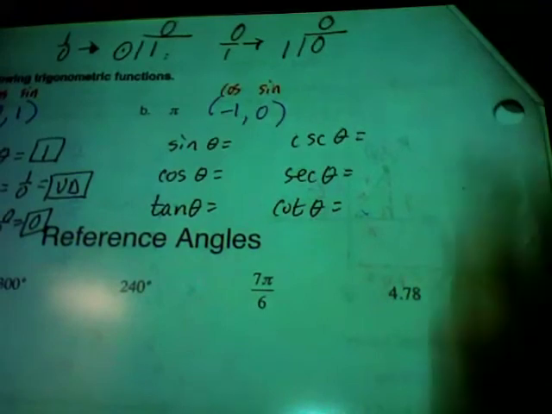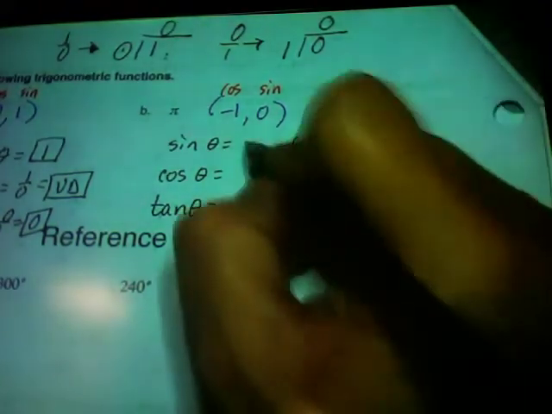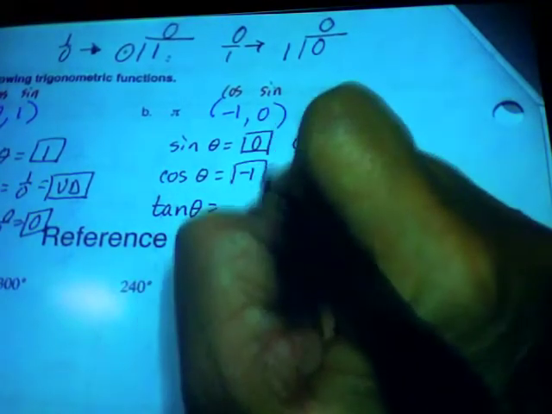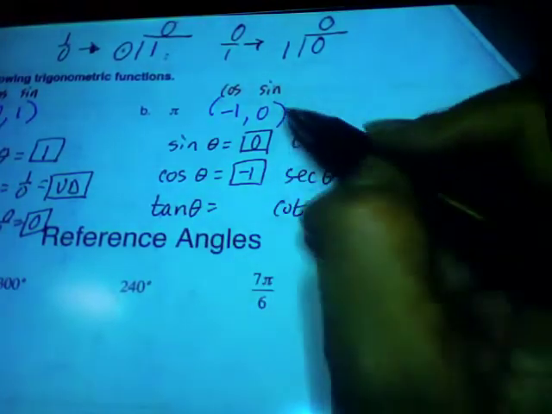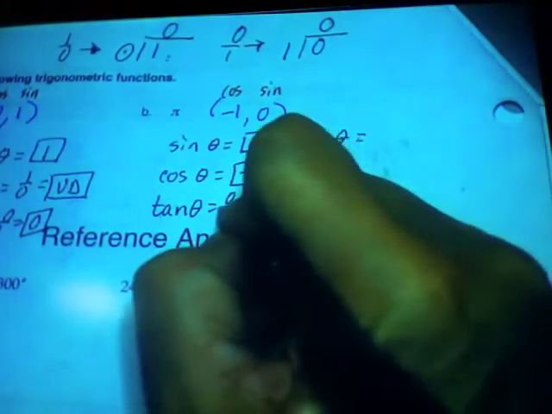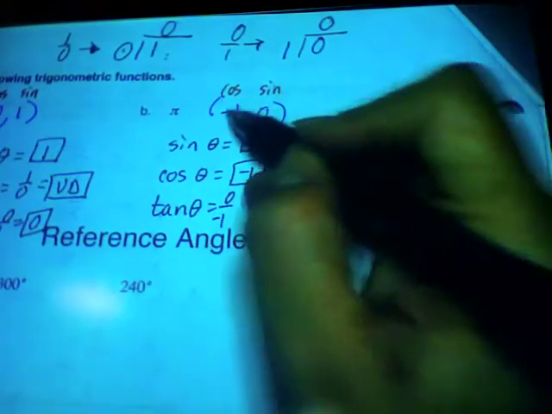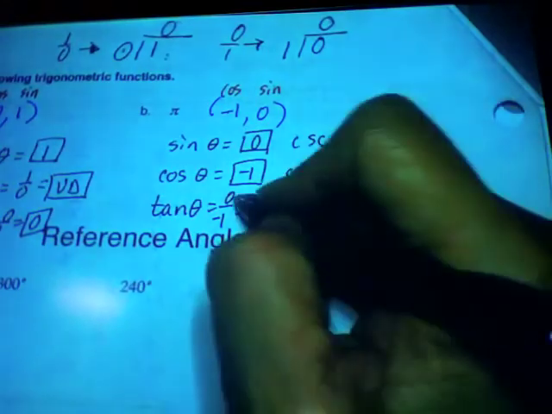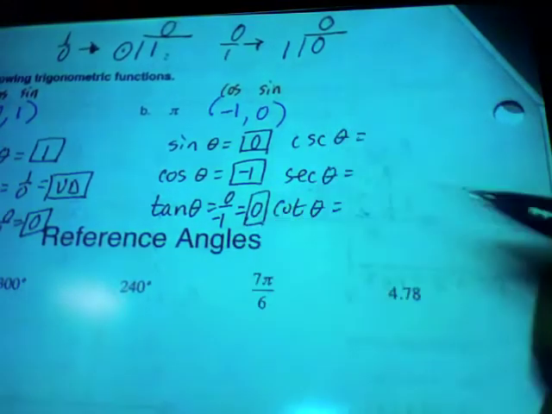So what's sine? 0. Cosine, -1. Tangent is 0 over -1 because it's sine over cosine. Is that possible? Yes, I can have 0 in the numerator. So tangent is 0.